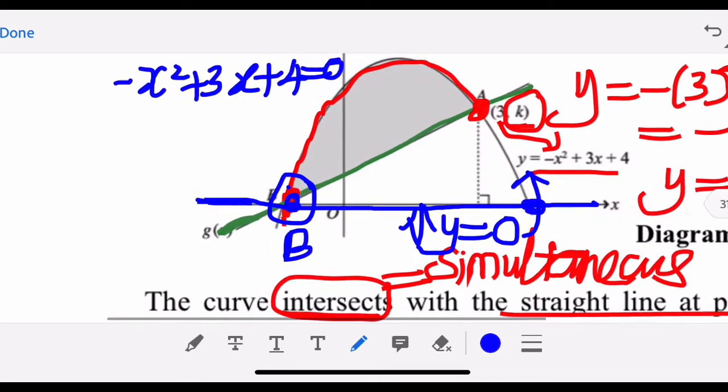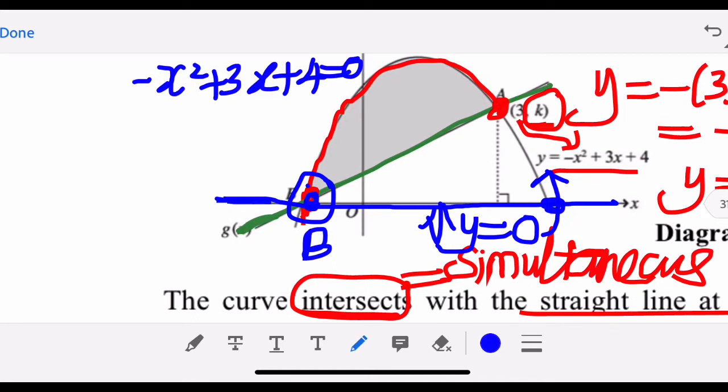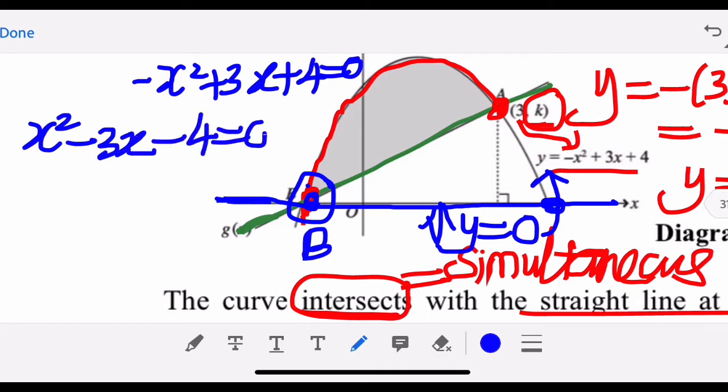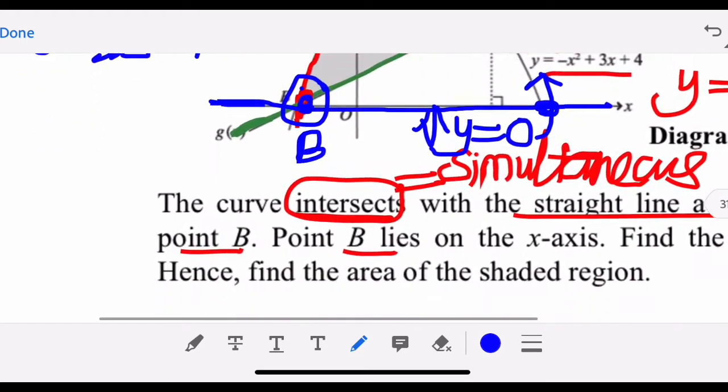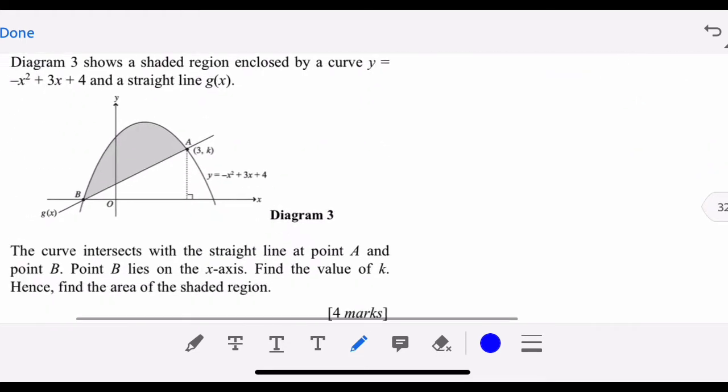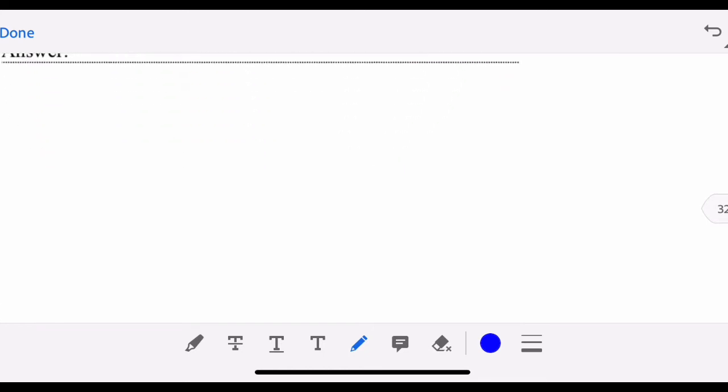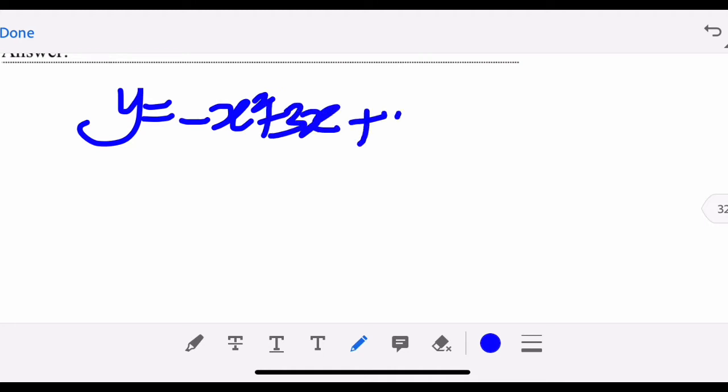Normally when you let y equal 0 and want to factorize, we always make it positive before we factorize. So you write the answer like this: first of all, y equals negative x squared plus 3x plus 4.